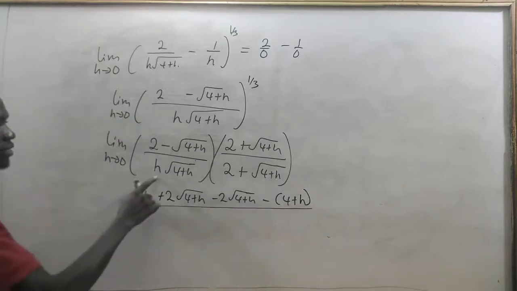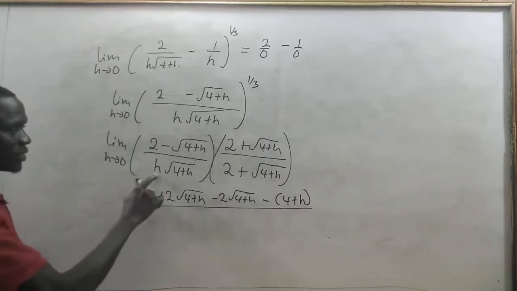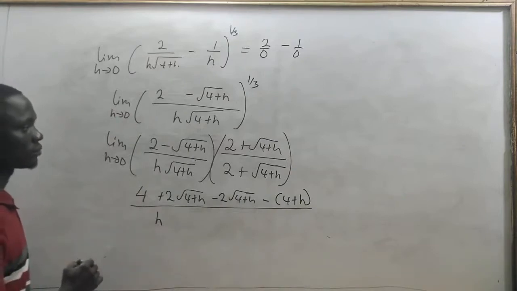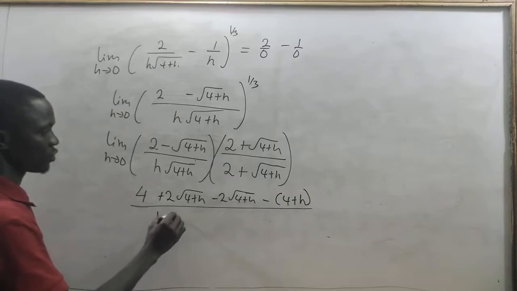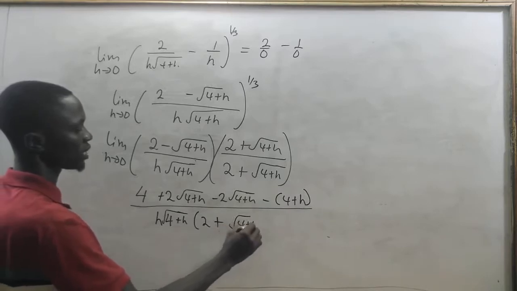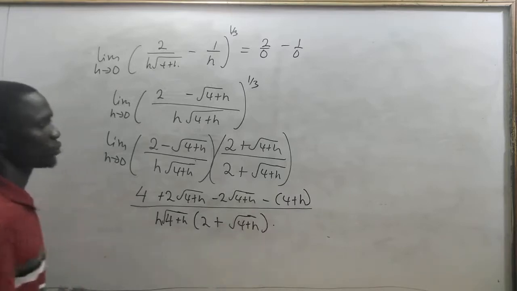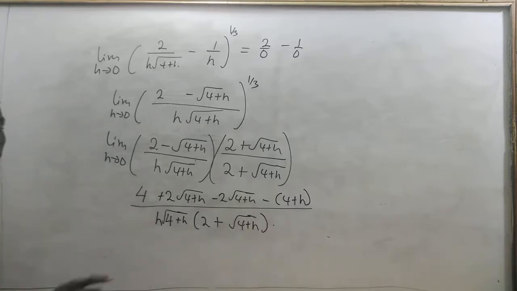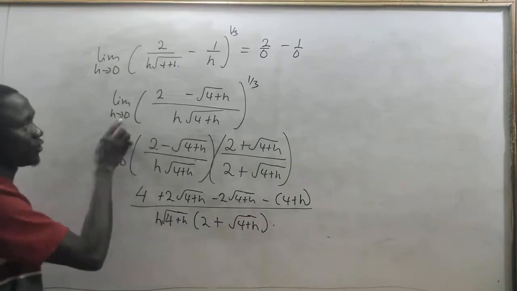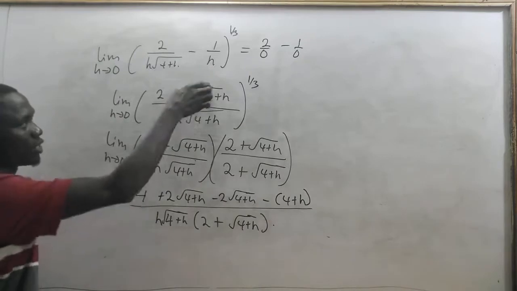All divided by, here we are not going to expand because you have h here. So we take h times square root of 4 plus h times 2 plus square root of 4 plus h. Very simple as that. Here I said we are not going to multiply through because when we reach here, if we put h equal to 0, we have 0 divided by 0.